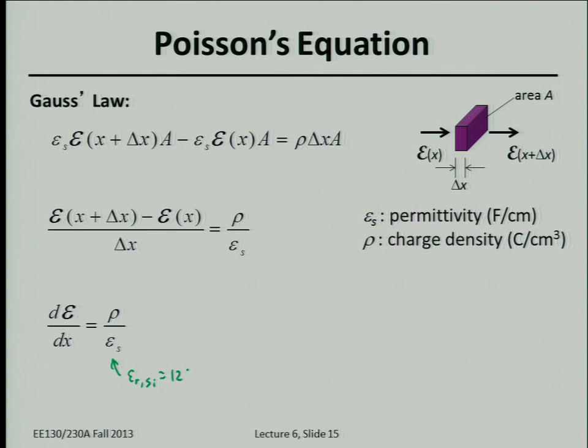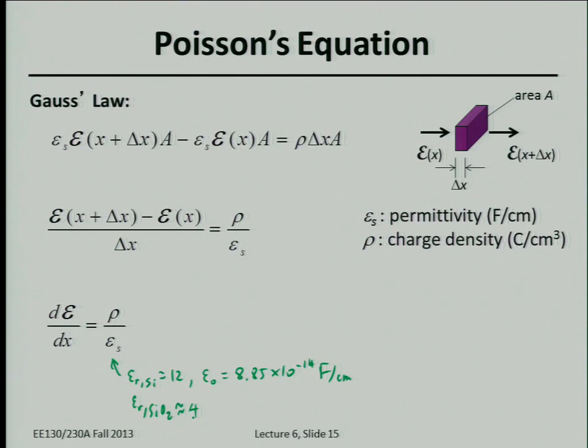Remember the permittivity of free space is 8.85 times 10 to the minus 14 farads per centimeter. The relative permittivity, or dielectric constant, for silicon dioxide, which is the most common insulator material used in our integrated circuits today, is 3.9, but I'll just say it's roughly 4.